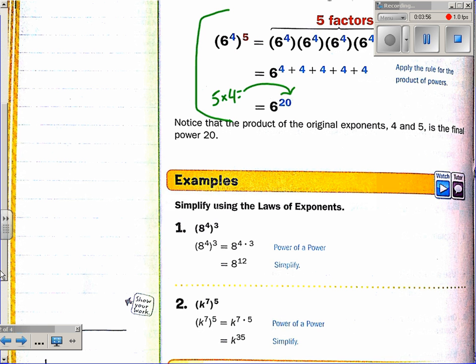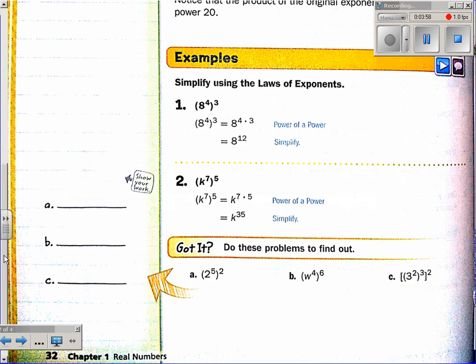Same thing on 2. Even though the base was a variable, it still works. We have 7k to the 7th with an exponent of 5, multiply those together. For this one, we have an exponent on a power, so we just multiply: 2 to the 10th. B, w to the 4th to the 6th, so we just multiply, w to the 24th.